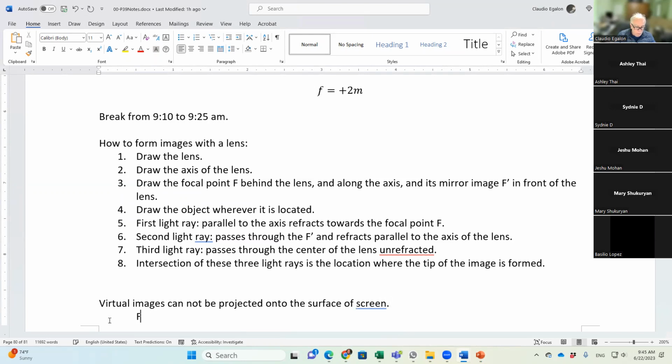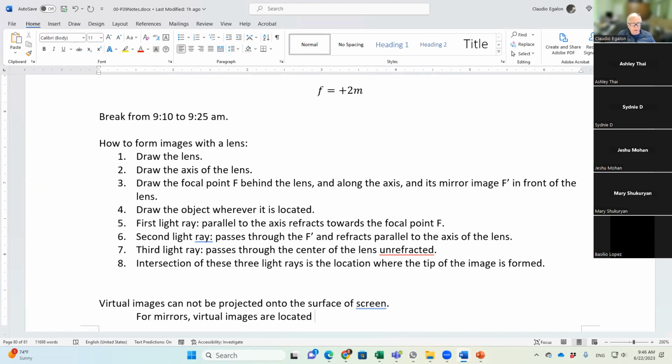For mirrors, virtual images are located... let's see, what exactly does that mean? Is it because the virtual image usually projects behind the object itself? No, that's not the point. I'm going to write that down right now, Raymond. Hang there.